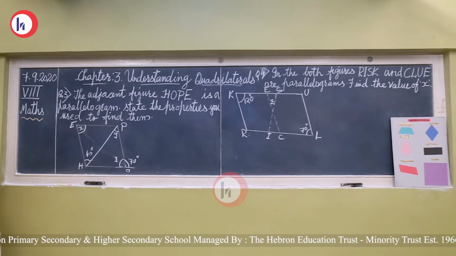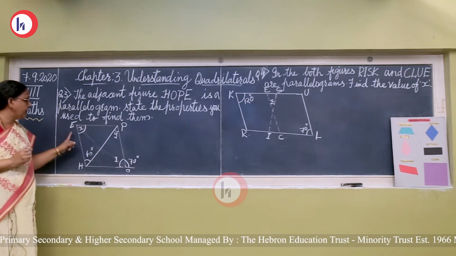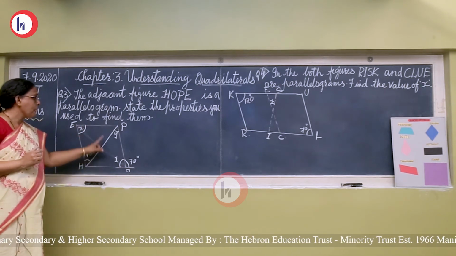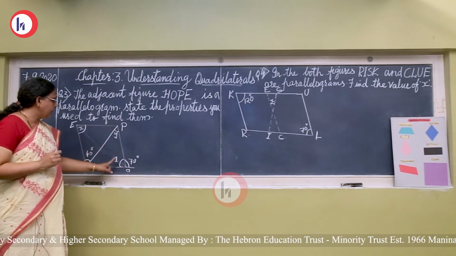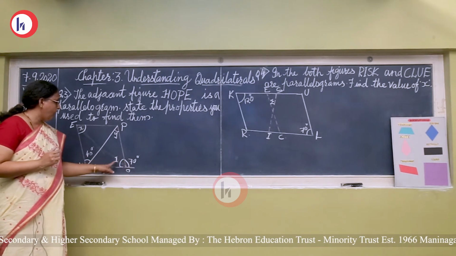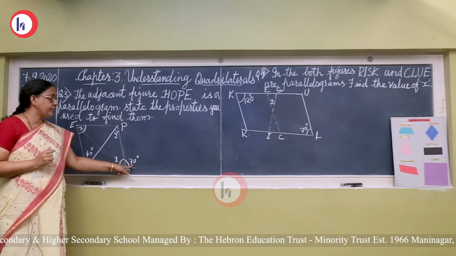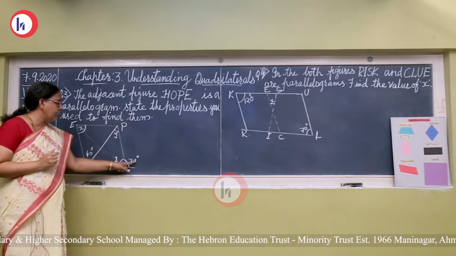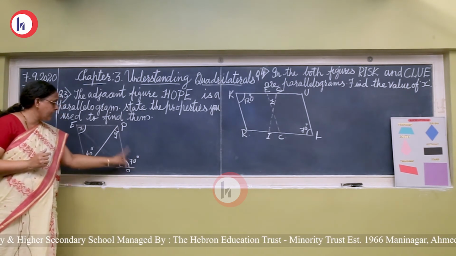Looking at this, you will get an idea that two triangles are made. On top of that, you can see that one of the angles of a linear pair, 70 degrees, is given. So, we can find out angle 1. The reason is linear pair: 180 minus 70 degrees.